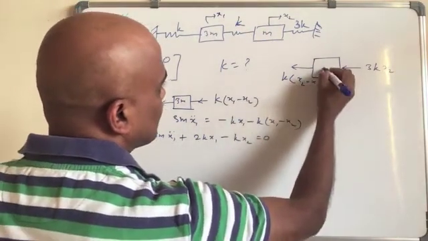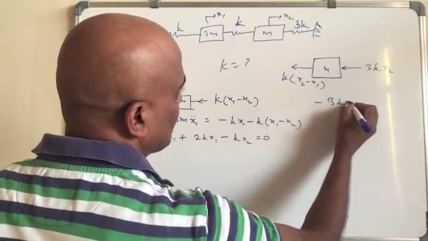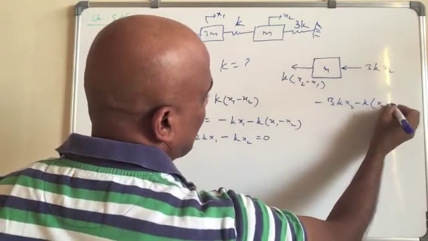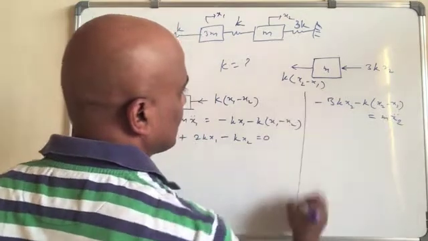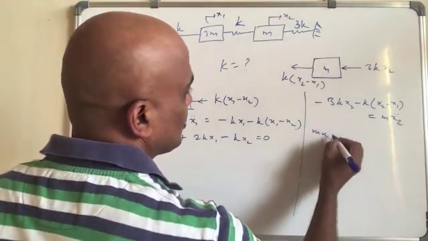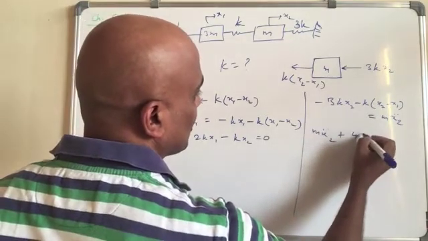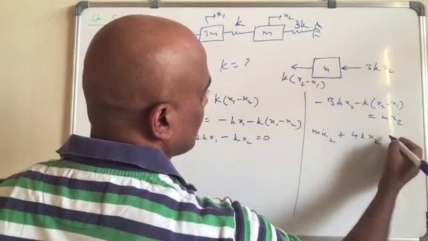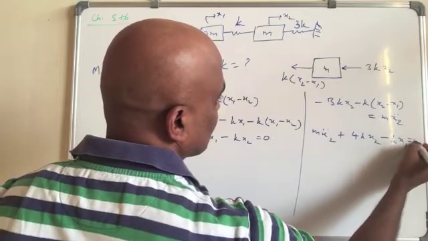And this is m. So the equation will be minus 3k x2 minus k times x2 minus x1 equal to m x2 double dot. And hence you get m x2 double dot plus 4k x2 minus k x1 is equal to 0.